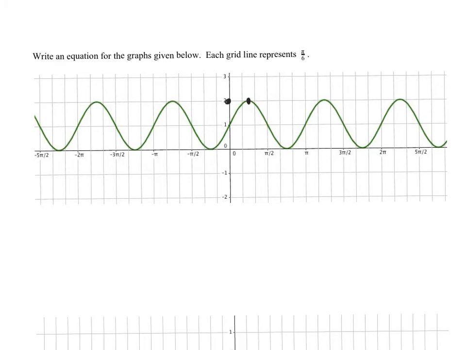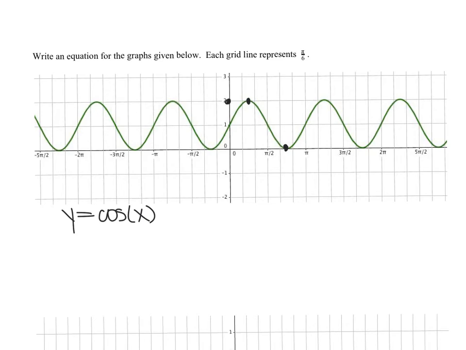So I'm going to pick cosine of x to be my graph here. So now we just have to identify an amplitude, any vertical shifts, any phase shifts, and the period of our graph.